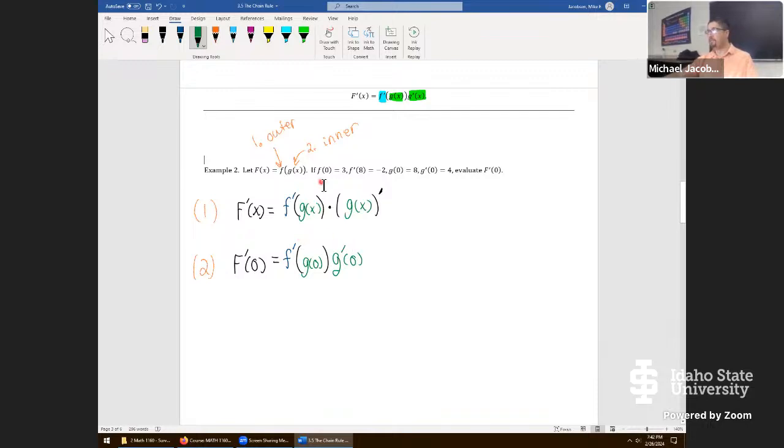Now I can't use any of the f prime values to start this out. We have to do the g of 0 values to begin. G of 0 is here, and then the derivative of 0 is there, the value 4. So now we're just plugging stuff in. So next step we have f prime at g of 0 to begin. So that'll be 8 going into this location through substitution. Then multiplied by g prime of 0 is multiplying by 4.